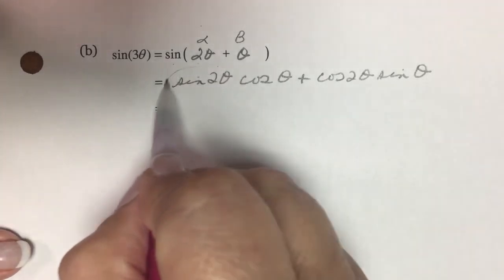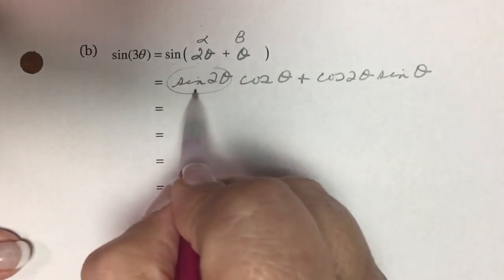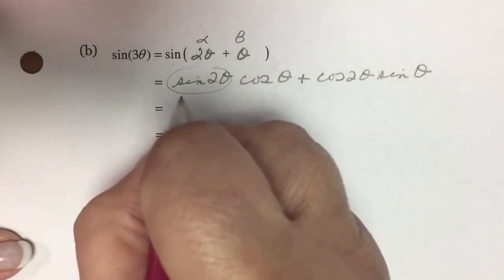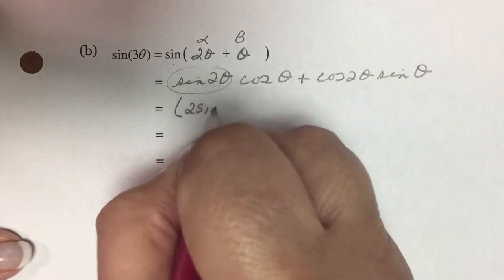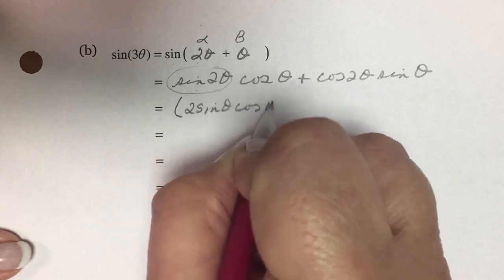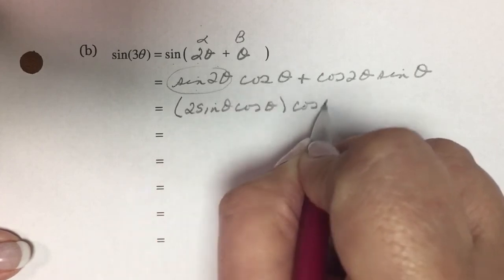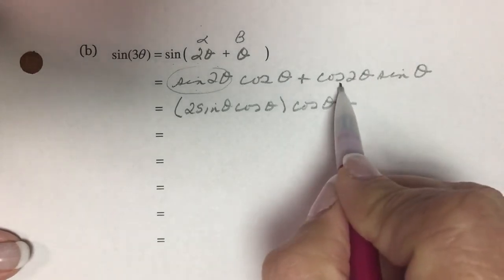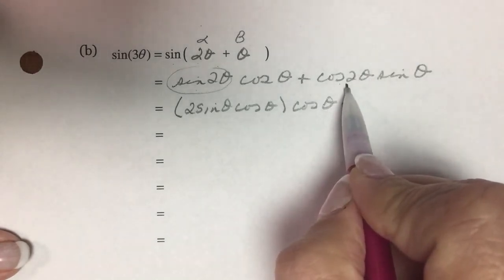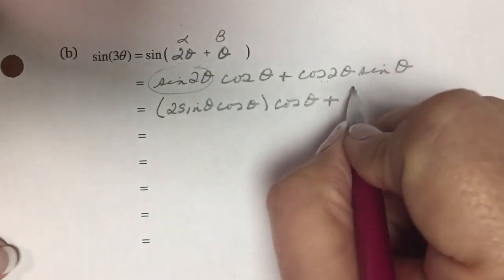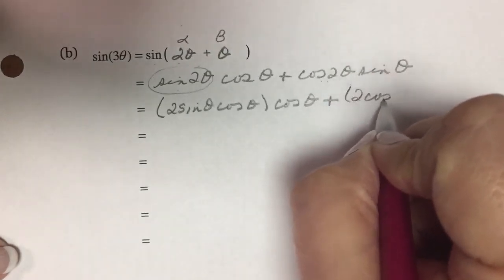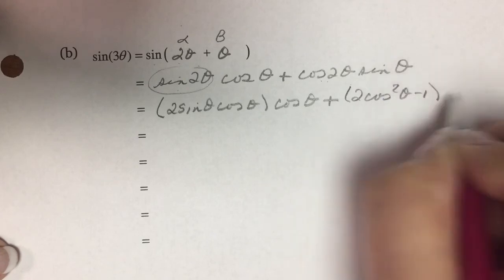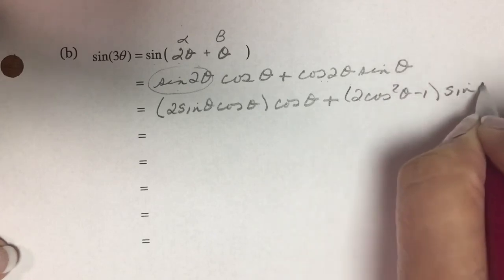But now I have to make a substitution for this. Well, what is sine 2 theta equal to? It's equal to 2 sine theta cosine theta, then times cosine theta, plus, now I need to make an identity switch in here. I'm going to use the 2 cosine squared theta minus 1. So cosine 2 theta is 2 cosine squared theta minus 1 times sine theta.